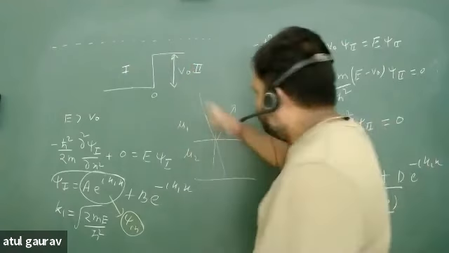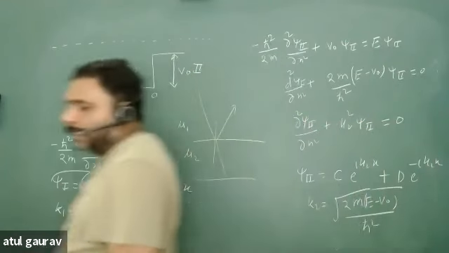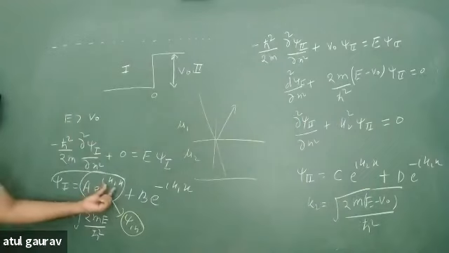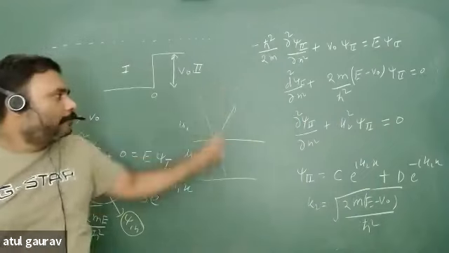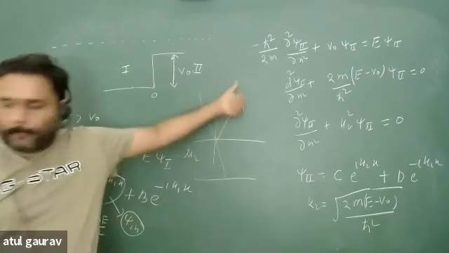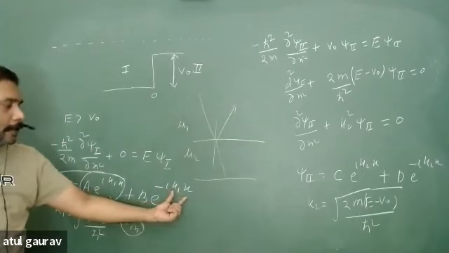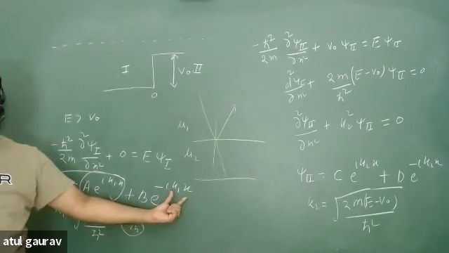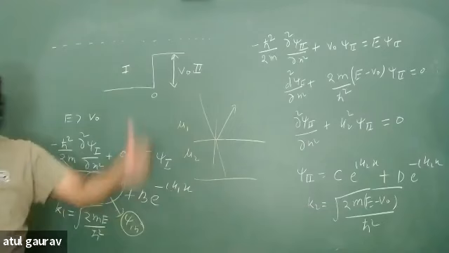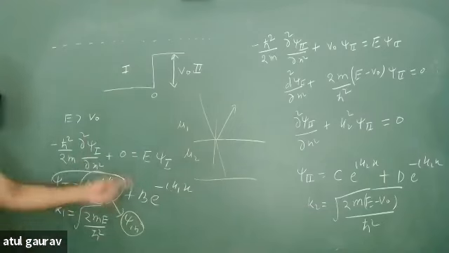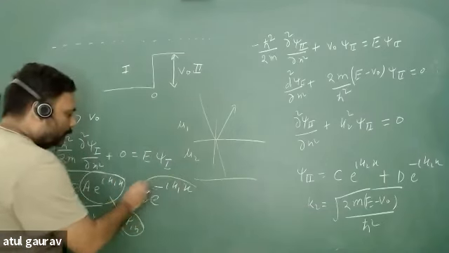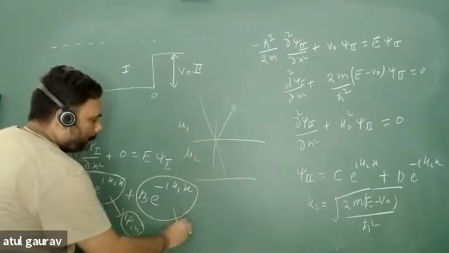If this is the incident wave, which momentum does it have? h cut k1. Then what will be the reflected wave? The reflected wave has the same magnitude but opposite direction, so the momentum associated is minus h cut k1. The minus sign tells you it is the opposite direction. Obviously this is in region 1, so this is the reflected particle.